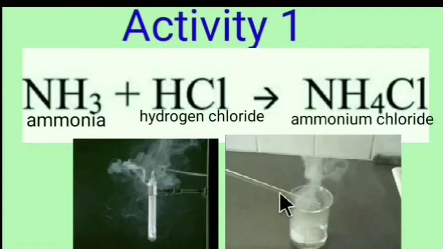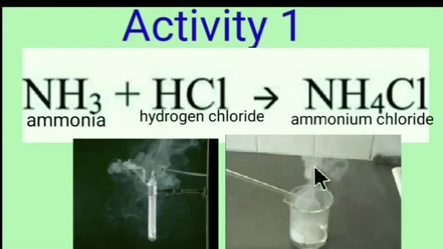Hence, let's see the reaction. Ammonia gas and hydrogen chloride react to form ammonium chloride in gaseous state at first, but immediately, due to condensation at room temperature, it is transformed into solid state. As a result, white smoke is formed.